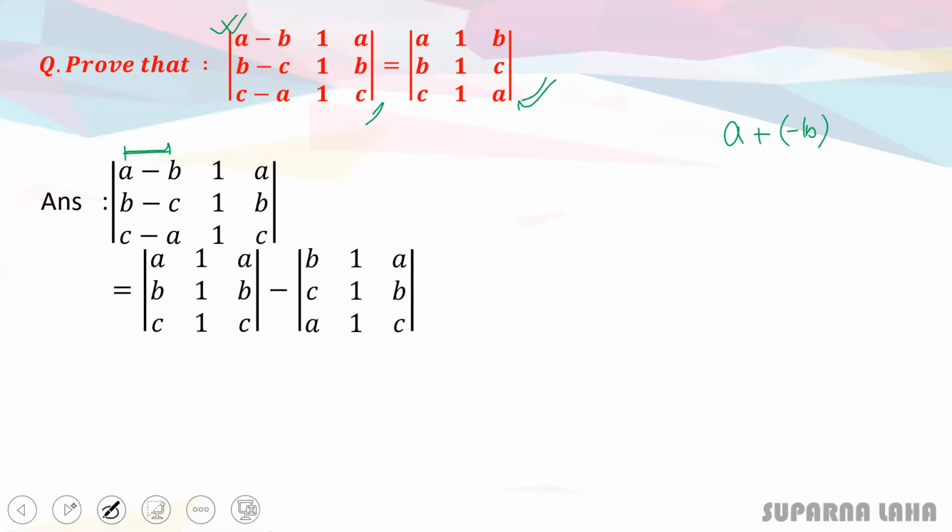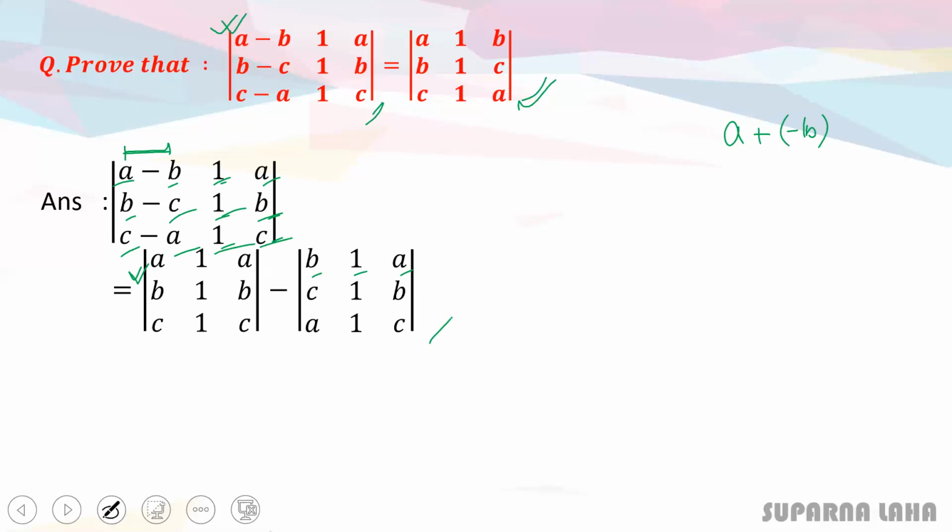Since their subtraction is given, I'm taking the subtraction part. Now look at this first determinant. This is A1A, B1B and C1C. This is the first determinant. And next one is B1A, C1B and A1C. Okay.